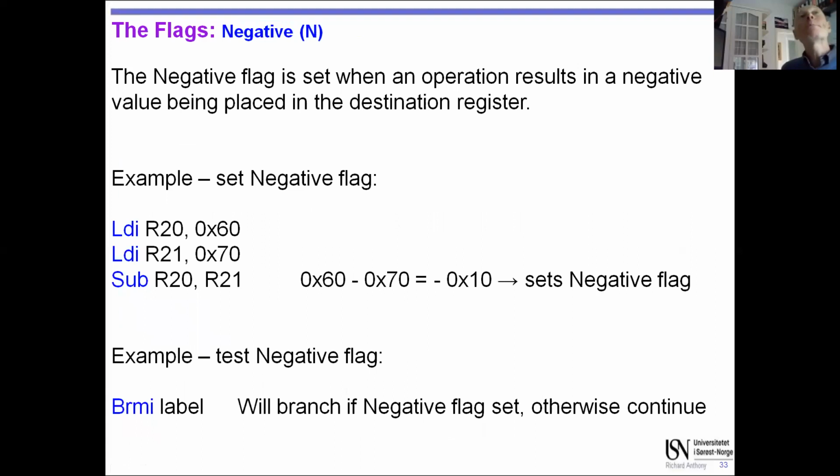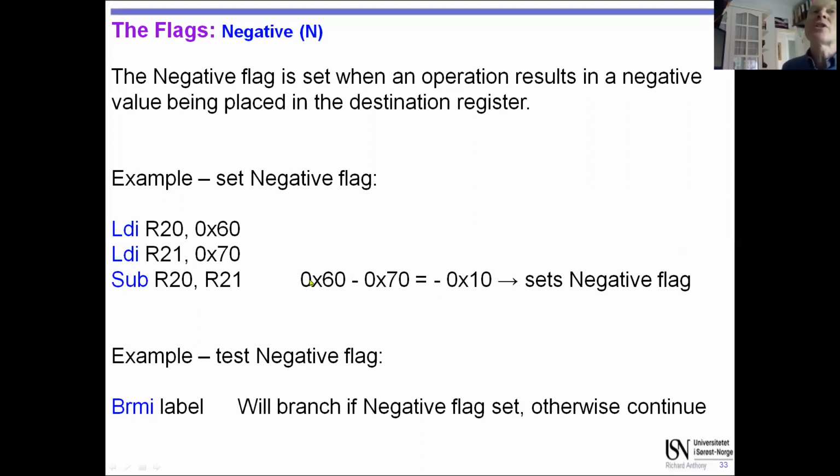Right. The negative flag basically reminds us if the result was negative. So as I say, if this number is unsigned and this one is signed, and you do this subtraction, or if they're both unsigned even, you still end up with negative.